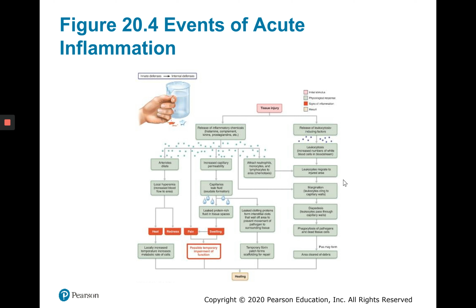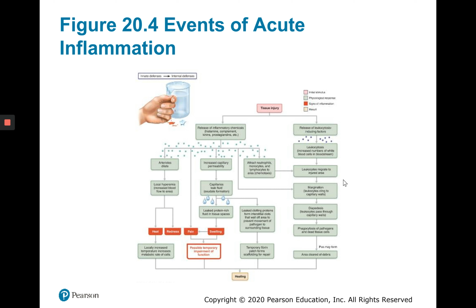We're going to see that there are leukocytosis-inducing factors, other inflammatory chemicals such as histamine and complement and prostaglandin and kinin, and this chemical alarm is going to set into play the steps that we associate with acute inflammation, which include arteriolar dilation, increased capillary permeability, the attraction of white blood cells or leukocytosis, which leads to margination, diapedesis, and eventually increased phagocytosis of pathogens once those white blood cells arrive at the site of injury or infection.